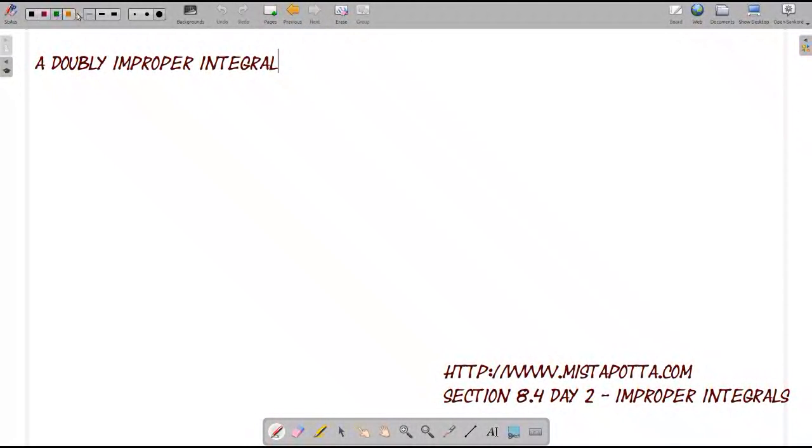So I'm going to start off with this function. I want to find the integral from 0 to 3 of (x minus 2) to the negative 2/5 dx.